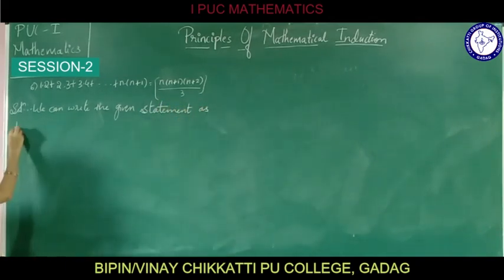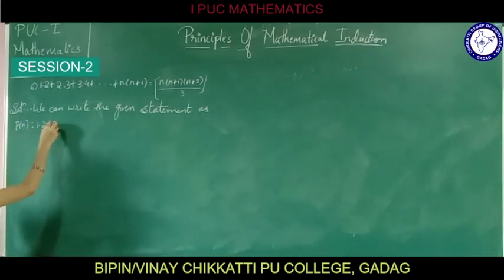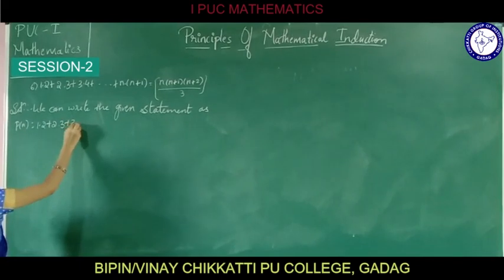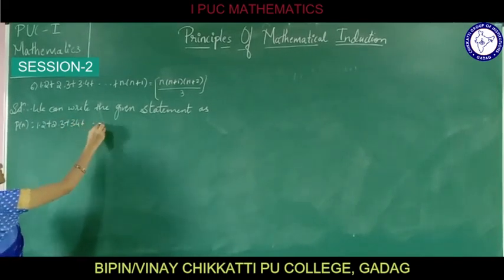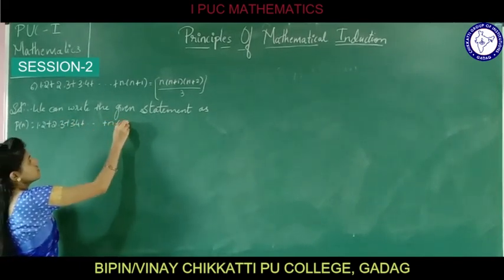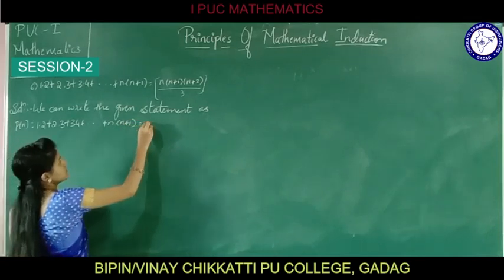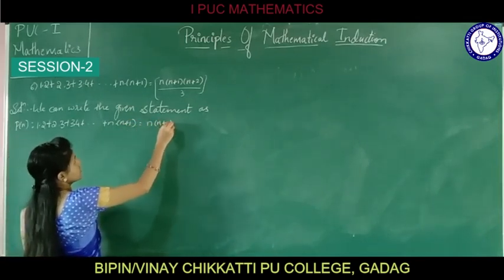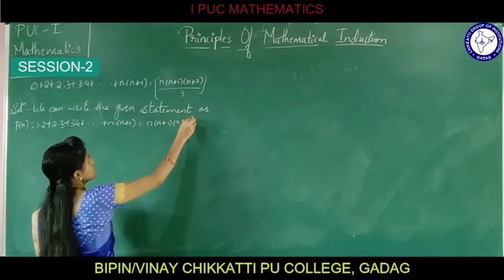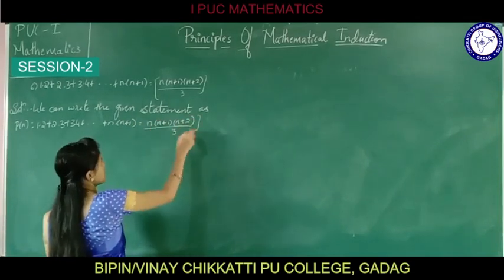P of n is equal to 1 into 2 plus 2 into 3 plus 3 into 4 plus so on up to n into n plus 1 is equal to n into n plus 1 into n plus 2 divided by 3.